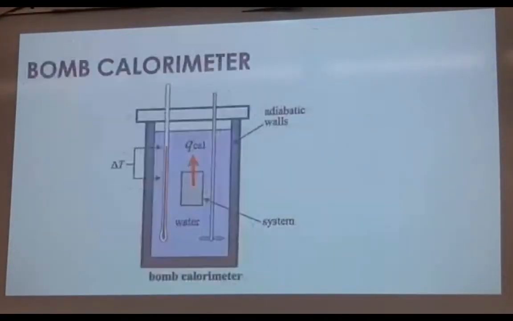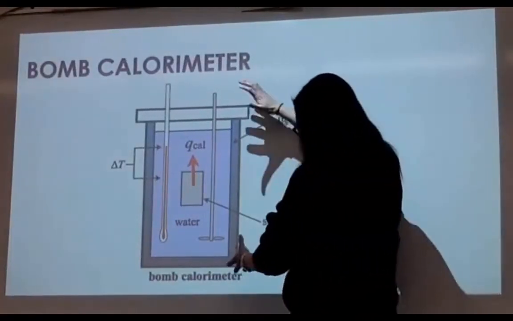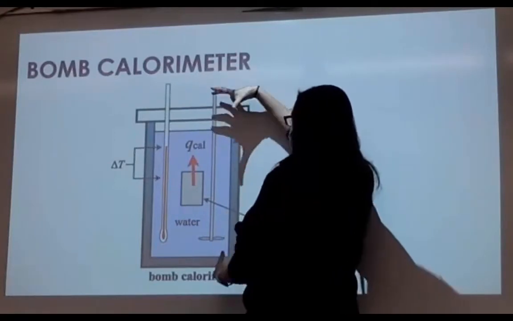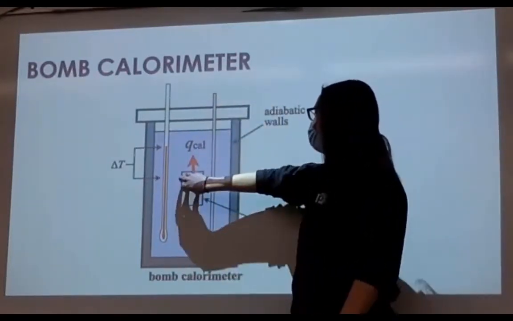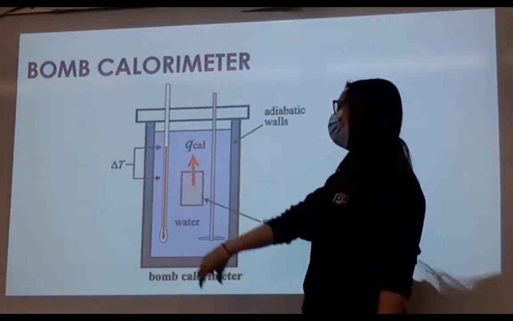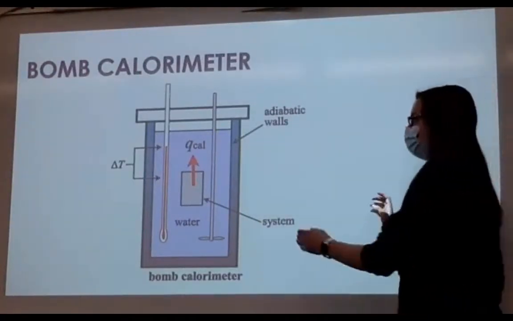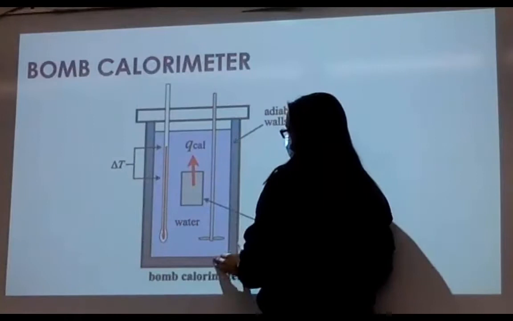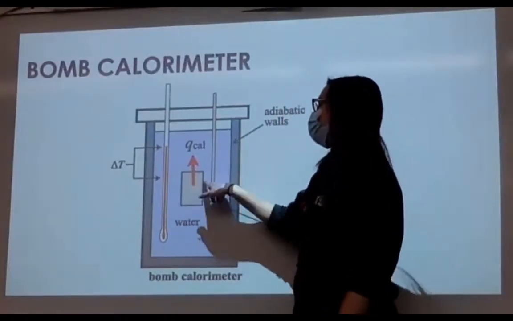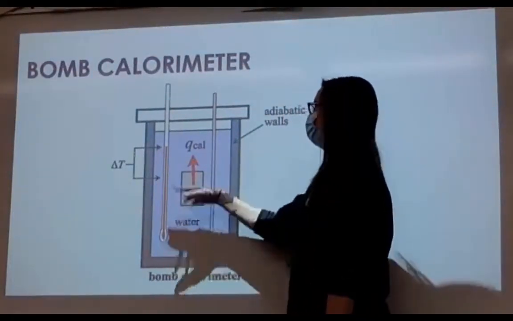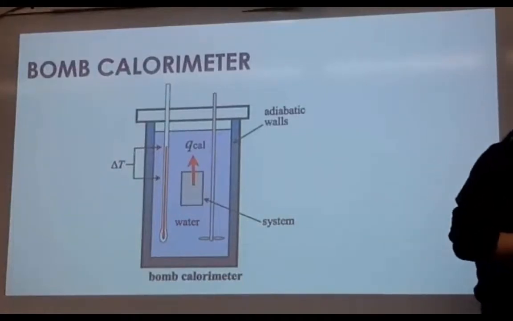So just to show you what a bomb calorimeter looks like, we have this metal chamber, and we have some reaction that's taking place in the very center of this chamber. So again, this is a metal chamber. We have the reaction that's taking place inside. Sometimes it's surrounded with water, other times it's not.